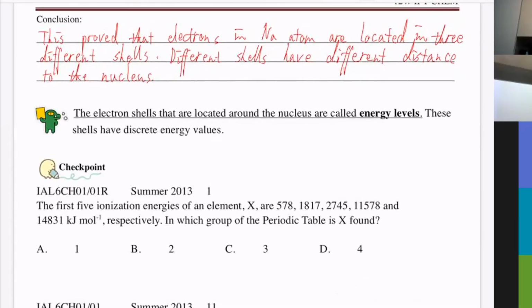The first one: the first 5 ionization energies of an element are 500 something, 1,000 something, 2,000 something, 10,000, 11,000 something, and 14 or 18,000 something. In which group of the periodic table is X found? What's your answer?